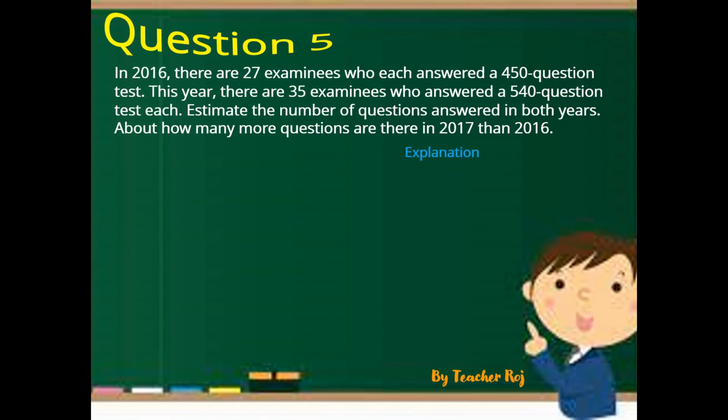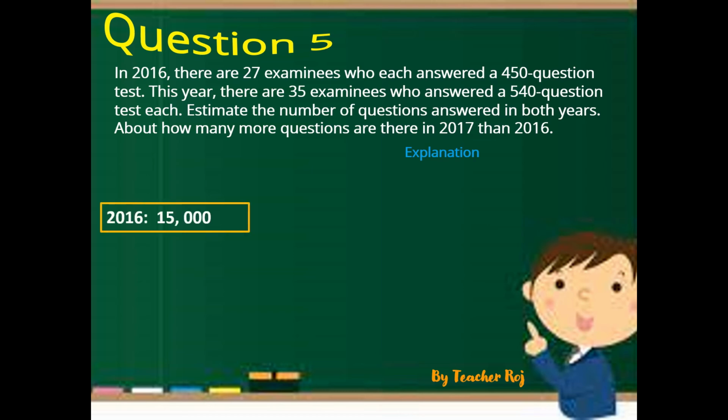In 2016, there are 27 examinees who each answered a 450-question test. This year, there are 35 examinees who answered a 540-question test each. Estimate the number of questions answered in both years. About how many more questions are there in 2017 than 2016?